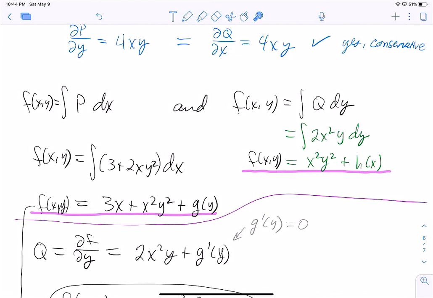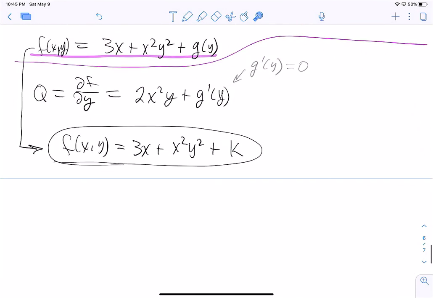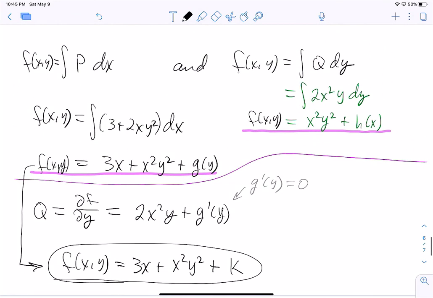So this is just kind of bookkeeping, roll call. So I'd put this together and say 3x plus x squared y squared. And then we don't have any function of y. We would say that that is 0. h of x has already been accounted for, but after the integration, right, there's still a constant. Take your pick between those two techniques. Either partially integrate and then partially differentiate, or partially integrate with respect to x and then partially integrate with respect to y.